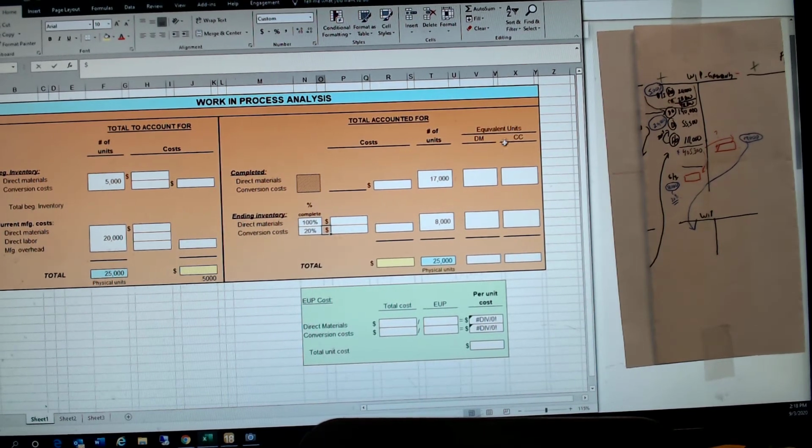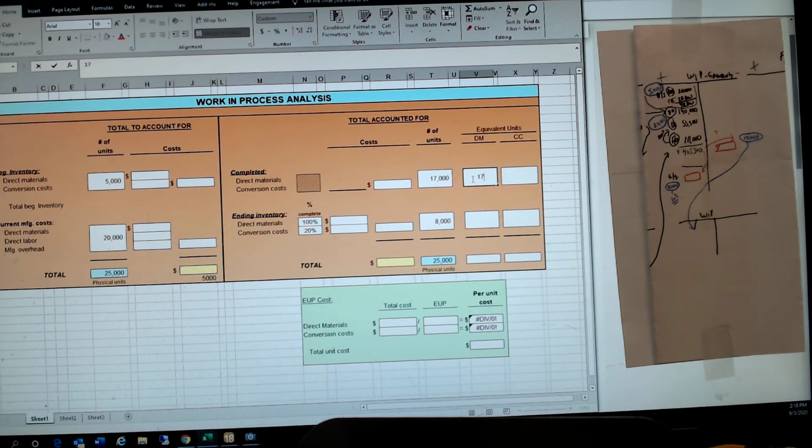So now let's compute equivalent units of production. Well, the 17,000 units that are done represent 17,000 units with regard to materials and with regard to conversion costs. They are done. But the ending inventory, the 8,000 units, with regard to materials, they are 100% complete, so they represent 8,000 units. 8,000 times 100%.